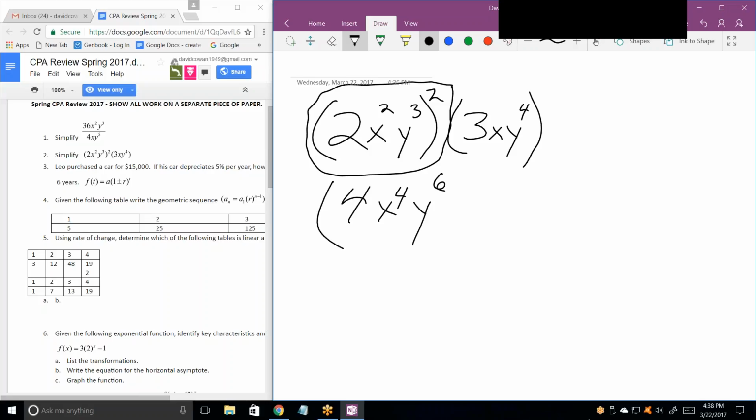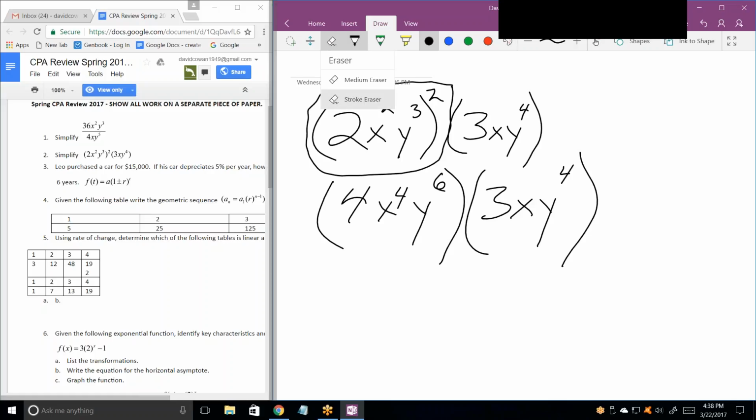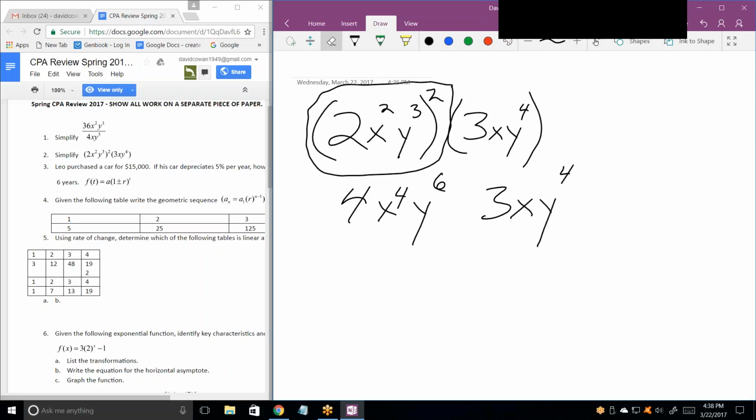Now, I don't need this parentheses anymore, but I'm going to put it just for clarification. And in fact, I don't need either set of parentheses. I could erase them and the meaning is the same. The meaning is that everything you see is being multiplied. Okay, well, let's multiply the numbers. What do we get? Let's multiply the x's.